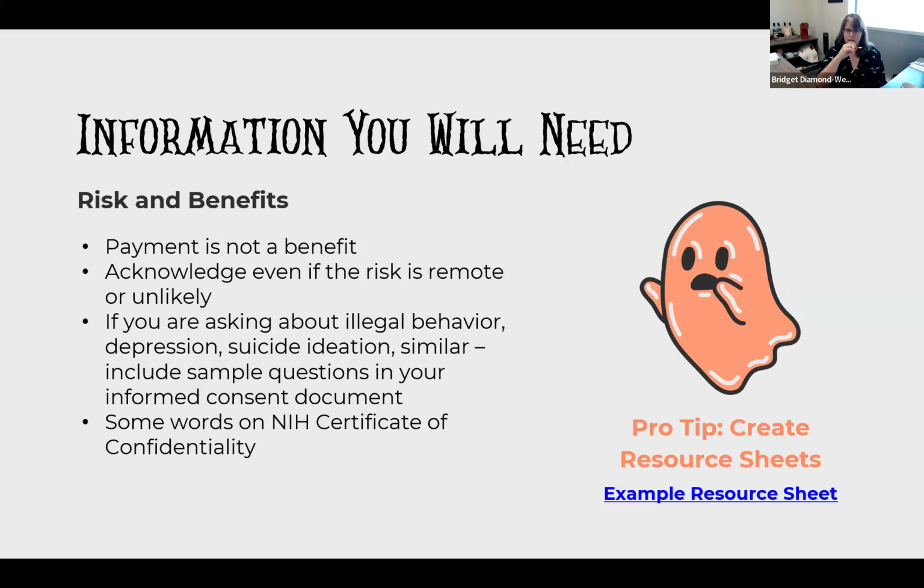If you are asking in a survey or in a qualitative question about illegal behavior, depression, suicide ideation, or things that are similar, you're going to want to put in your informed consent document examples of the type of questions that you're asking. If you're asking a survey, you can put the actual question in there. If you're asking a qualitative question, you can put your actual qualitative question prompt in your informed consent document.